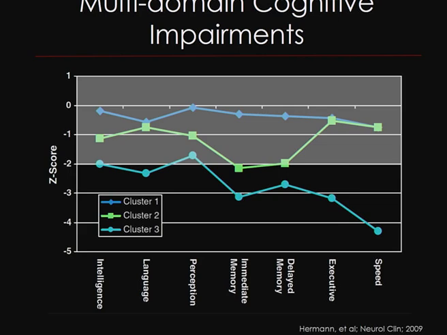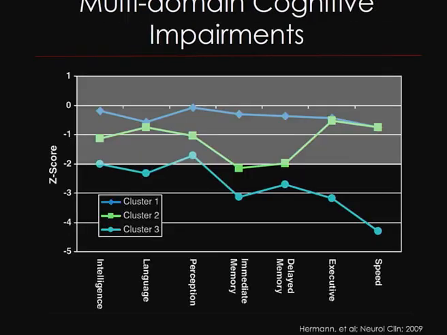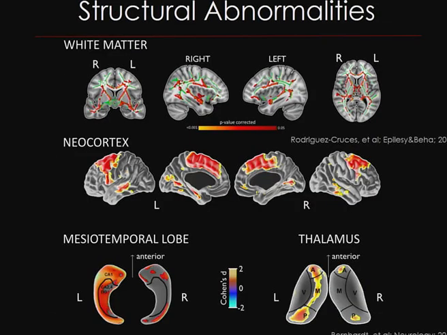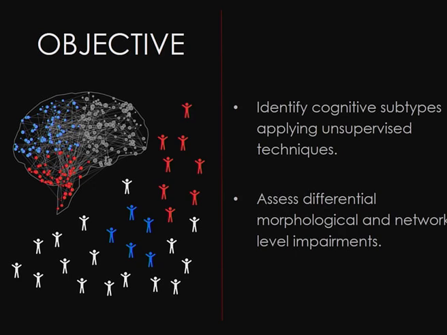So multi-domain cognitive impairments have been suggested to be related with widespread structural abnormalities beyond the temporal lobe, such as in white matter structures and cortical areas, subcortical areas as hippocampi and thalamus as well. So can we relate these cognitive profiles to specific brain networks?